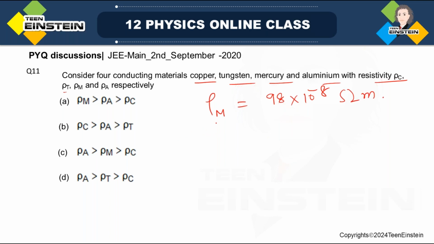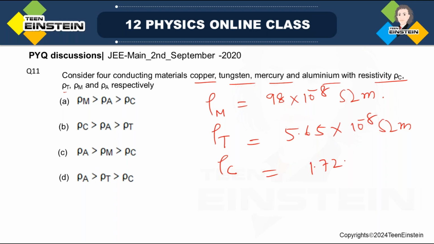And similarly after that will come tungsten. Rho T will be around 5.65 into 10 to the power minus 8 ohm meter. And then you will have copper. Copper has 1.72 into 10 to the power minus 8 ohm meter.